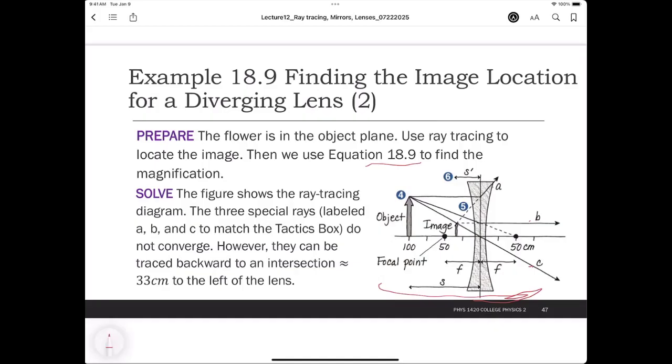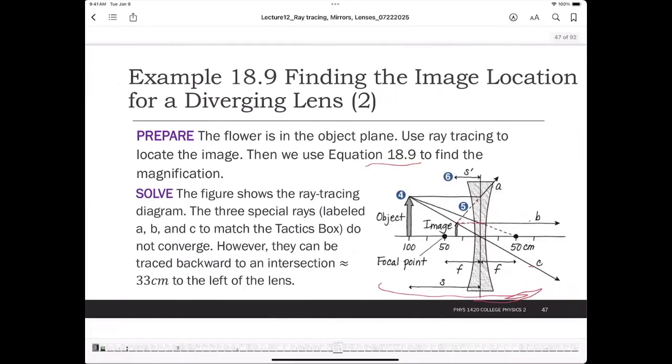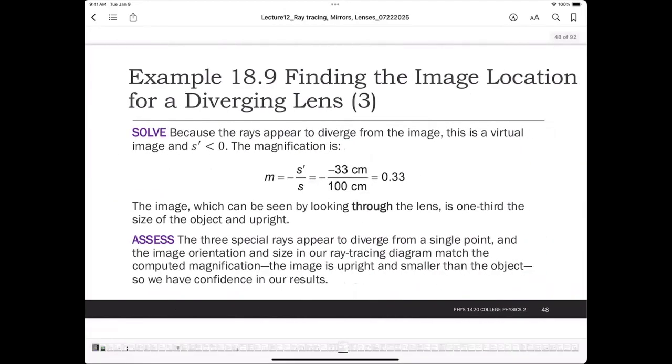However, they can be traced backward to an intersection around 33 centimeters to the left of the lens. We said it's around 35. It's close. Because the rays appear to diverge from the image, that is a virtual image, and s' is smaller than 0.